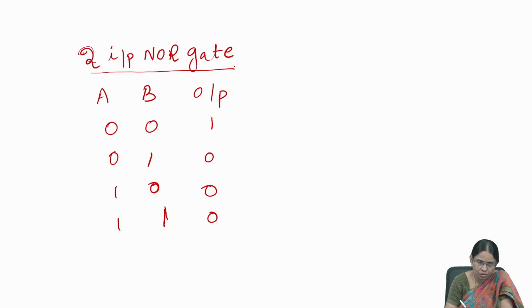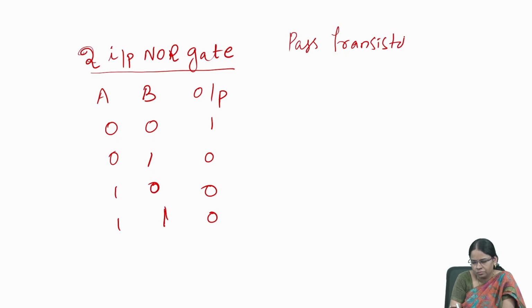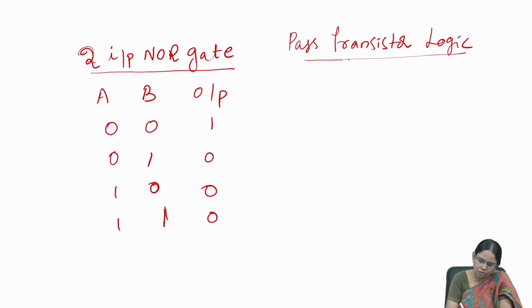For this circuit, using this truth table, we have to implement pass transistor logic. For that, we have to consider a gate signal.